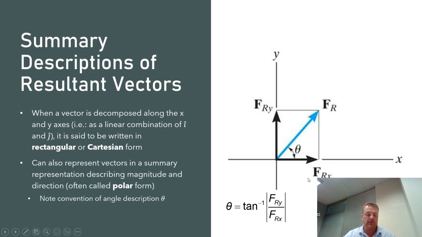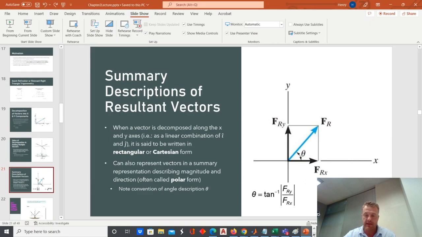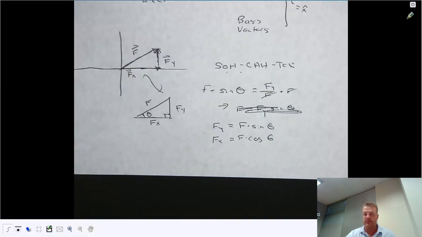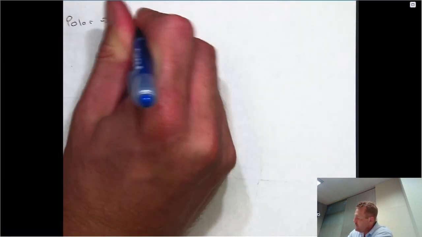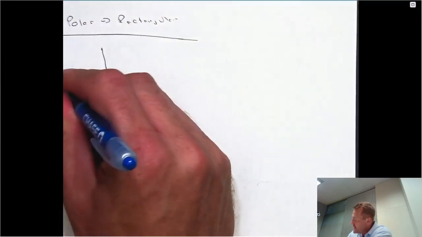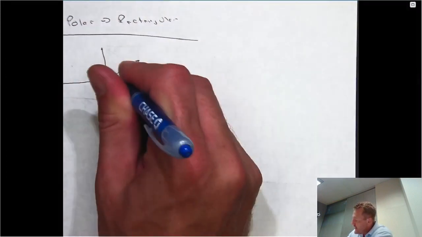So, of course, we can relate the polar form, again, using right triangle trigonometry. Think about what's really going on here, and I'll go to the dot cam just to make it hopefully more intuitive. What we had previously is what you would generally refer to as a polar to rectangular problem, because we're assuming that we were given some information about the magnitude of a vector and its angle.